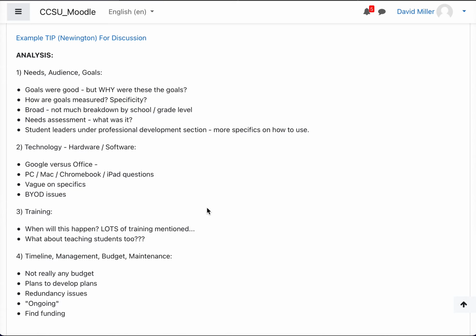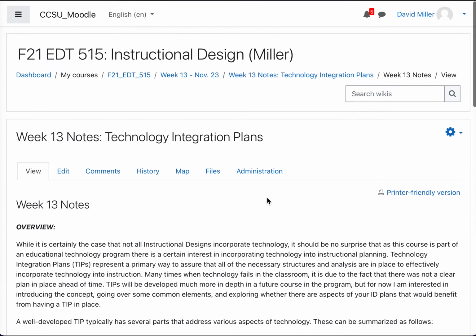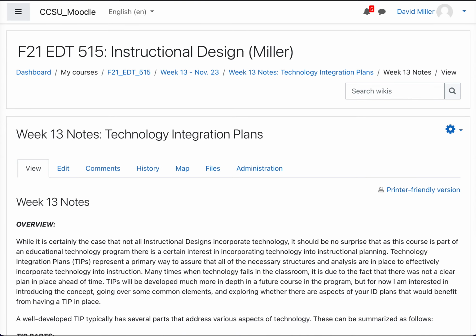I just wanted to give you a sense of what they are, the kinds of things to look for when you're looking at technology integration plans, and then just to give a little bit of thought to your own instructional design projects, and think about whether a technology plan would be necessary down the road if the instructional design was going to go forward.